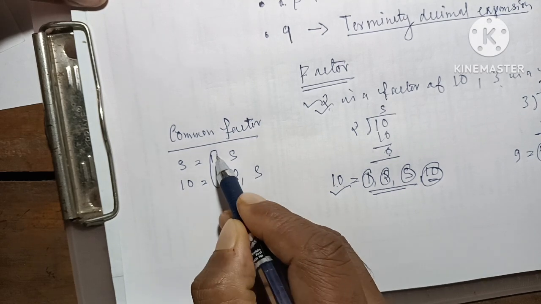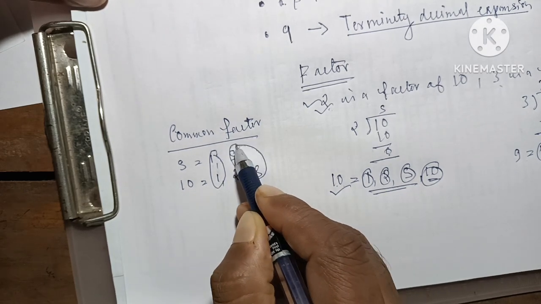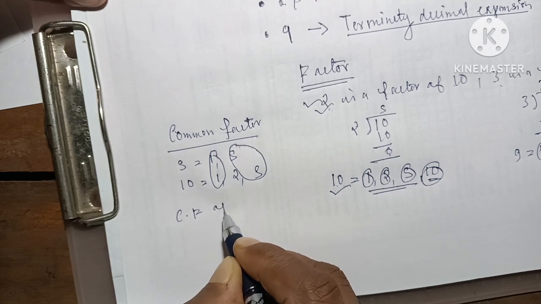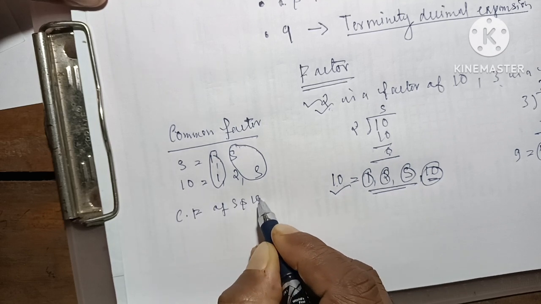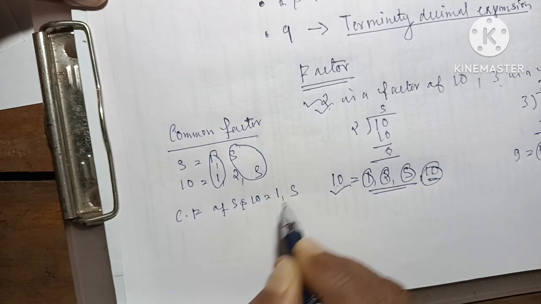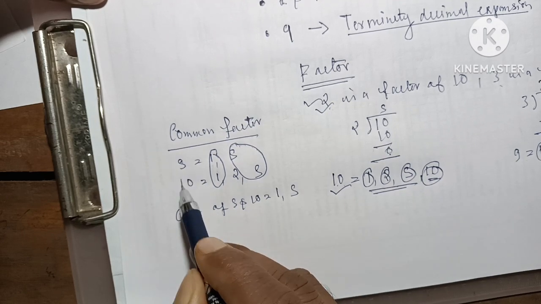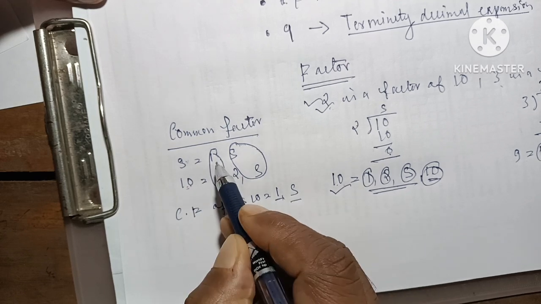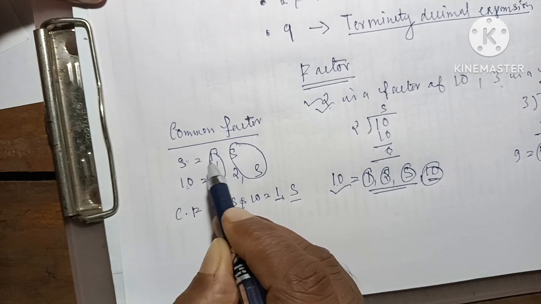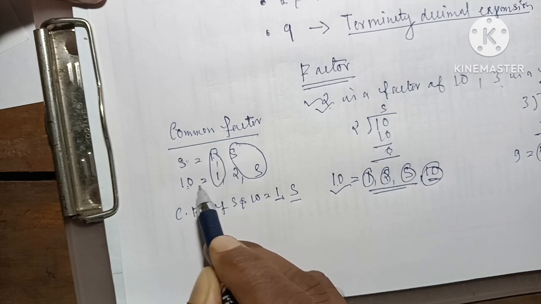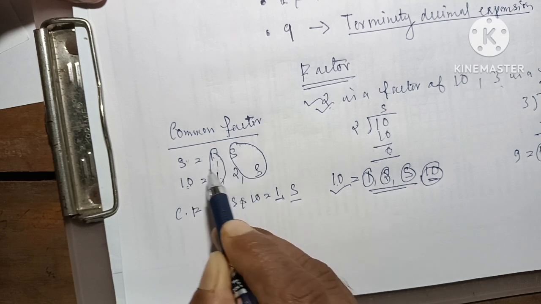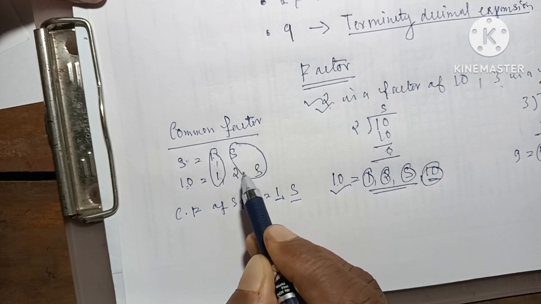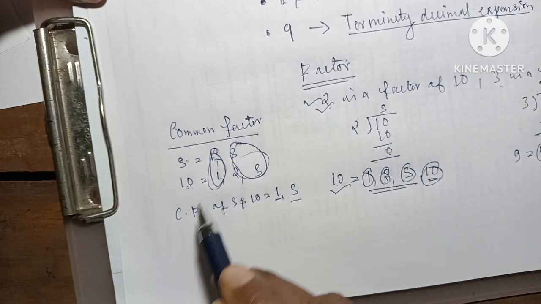Here 1 is common and 5 is also common. So the common factors of 5 and 10 are 1 and 5. In this way both numbers have common factors 1 and 5.